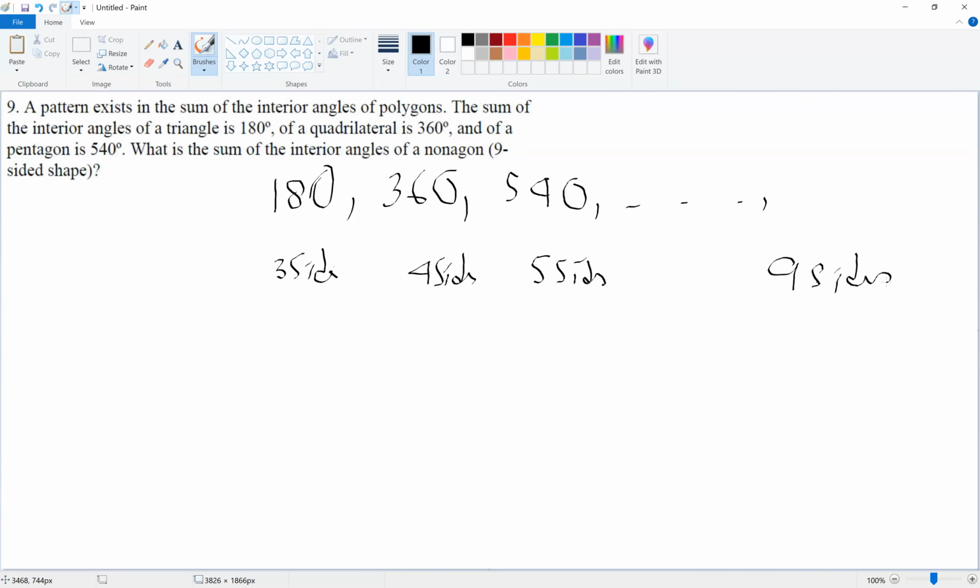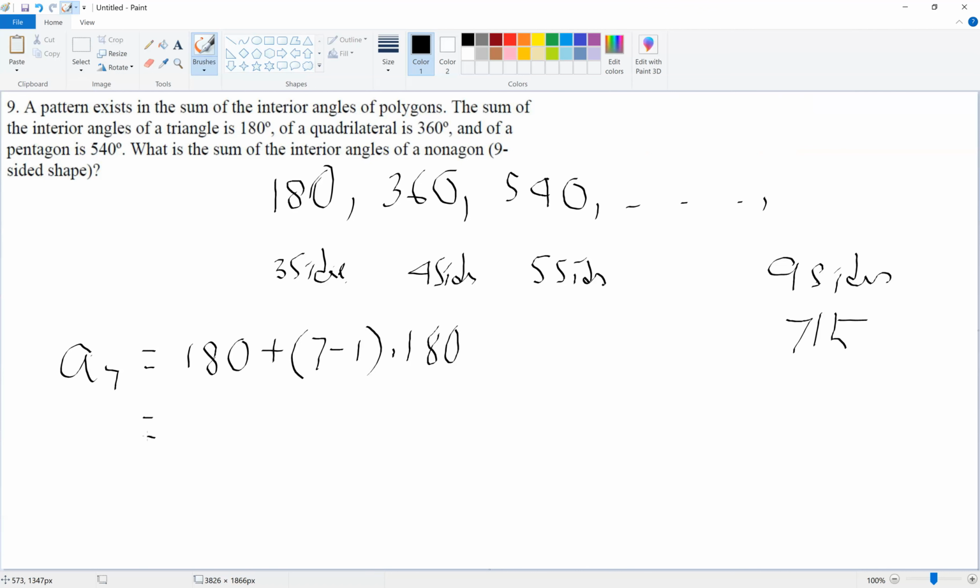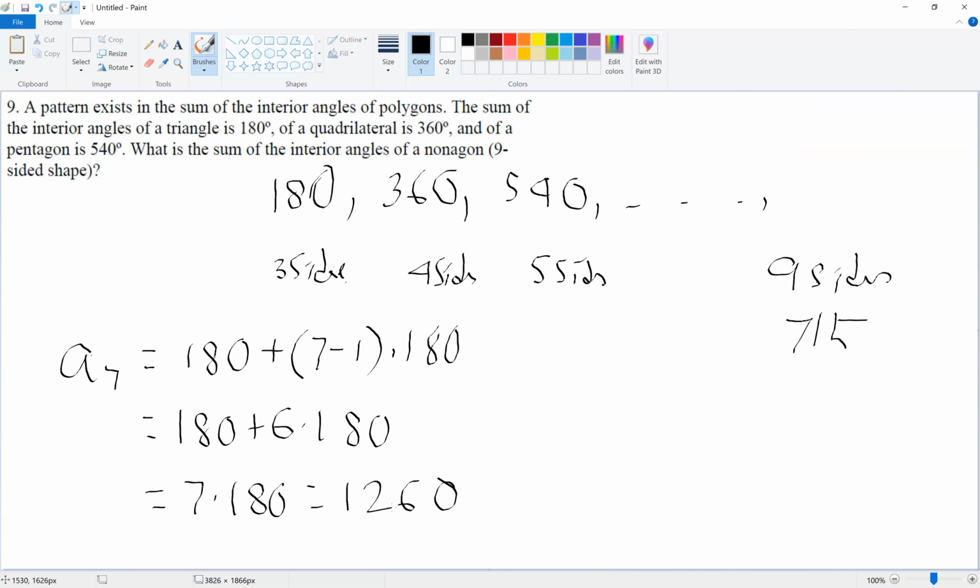Okay. So you would put the formula in. So it would be AN equals 180 plus 7 minus 1 times 180, which would be 180 plus 1080.